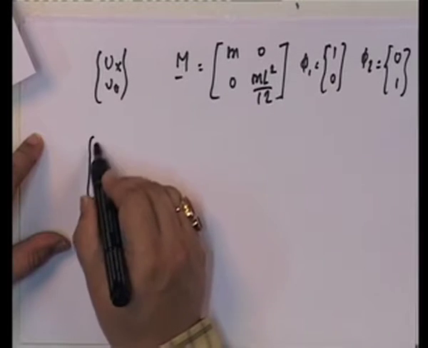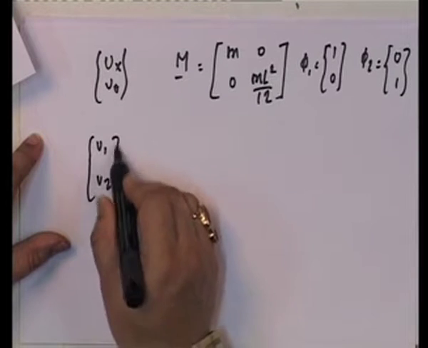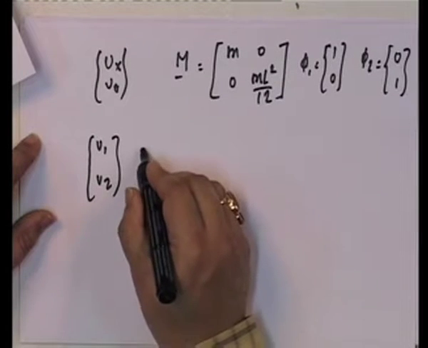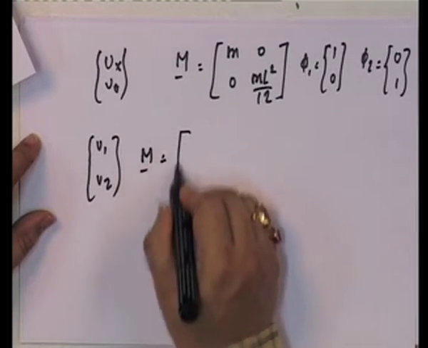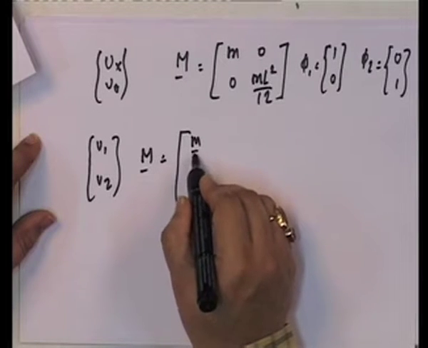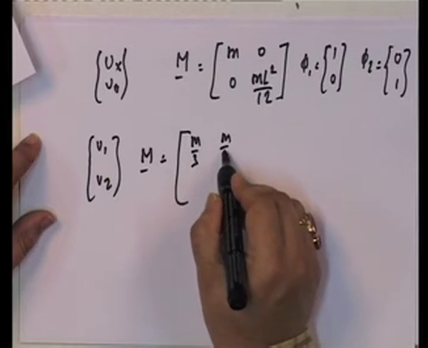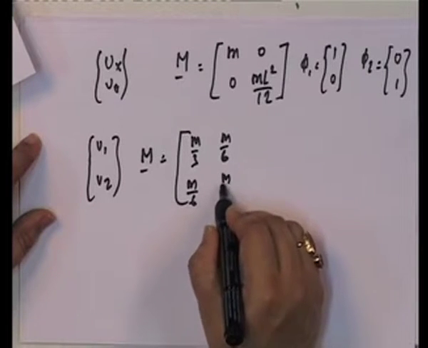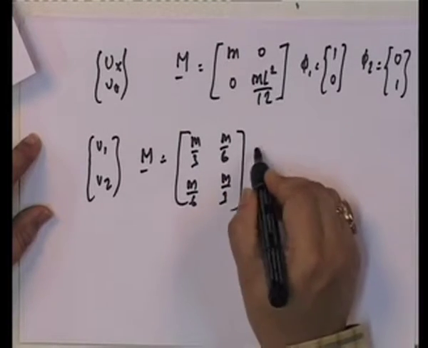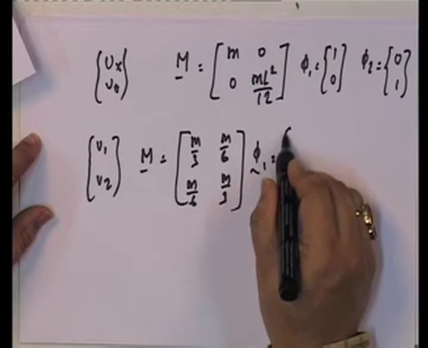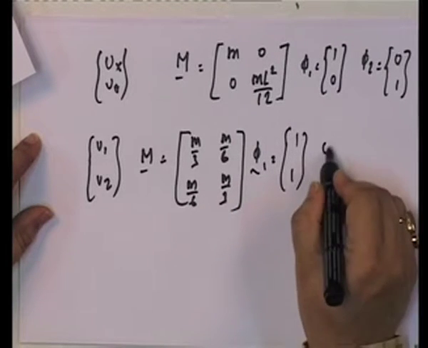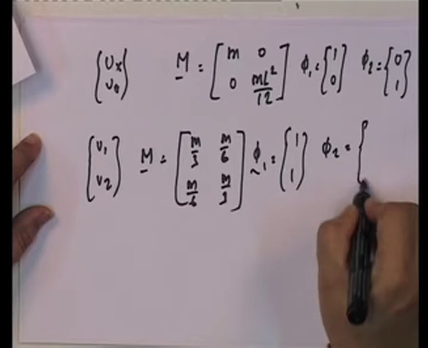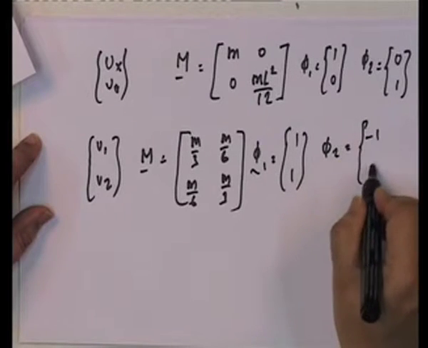When I chose V 1 and V 2, the two extreme displacements, my M matrix was m by 3, m by 6, m by 6, m by 3, and my phi 1 was 1, 1, and phi 2 was minus 1, 1.